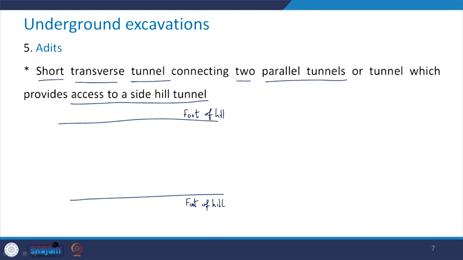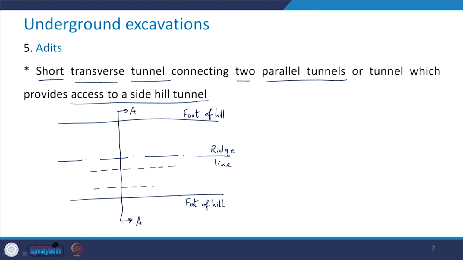So, I will have here say a section, say this is a section AA. Then we have this ridge line, and this is how the main tunnel is in plan. So, I am drawing a plan.